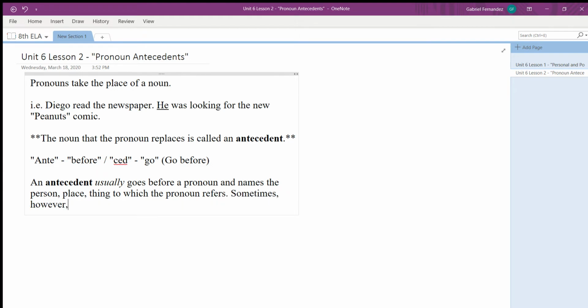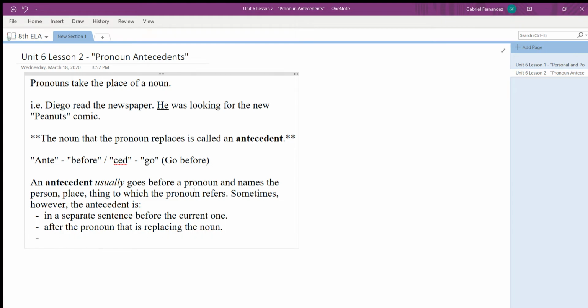Sometimes, however, the antecedent is in a separate sentence before the current one, and even sometimes the antecedent is after the pronoun that is replacing the noun. Fear not, Mr. G will explain. Let me give you some examples of antecedents coming before pronouns.